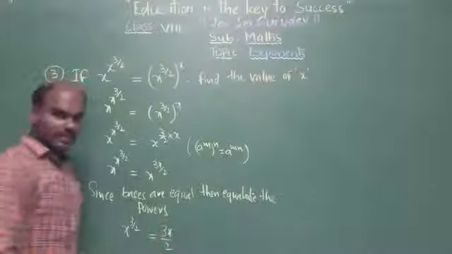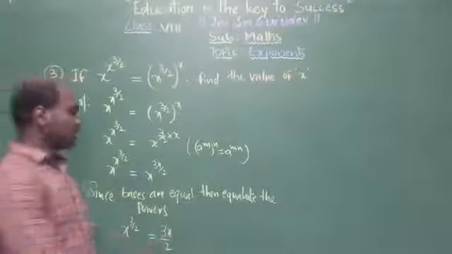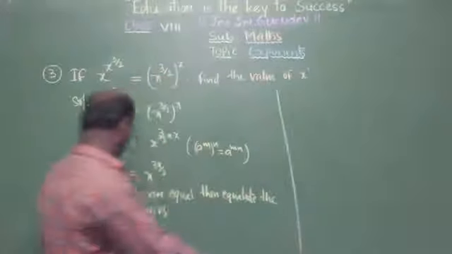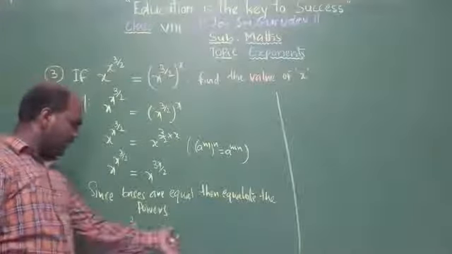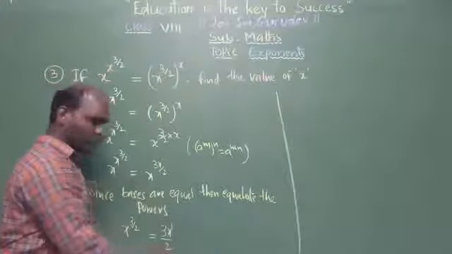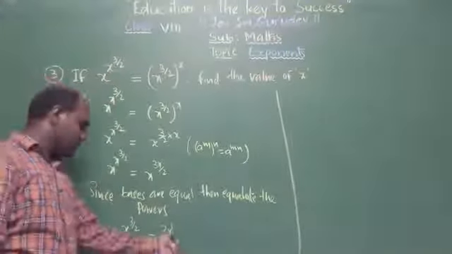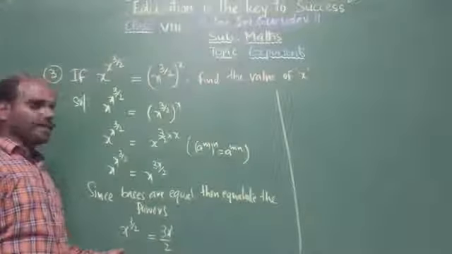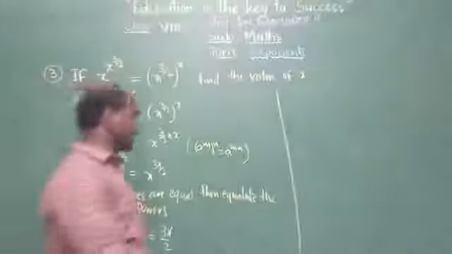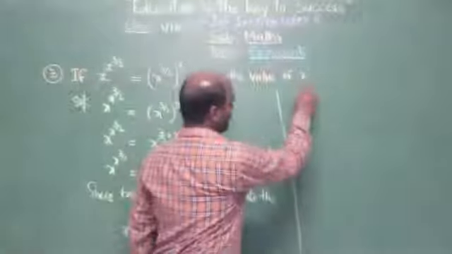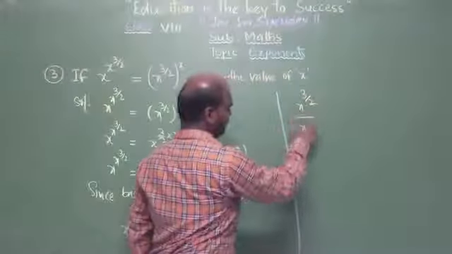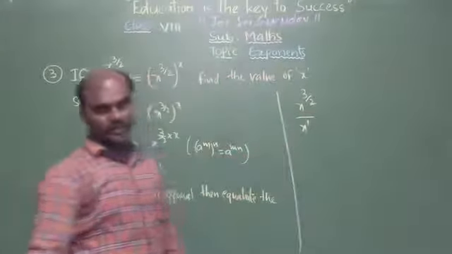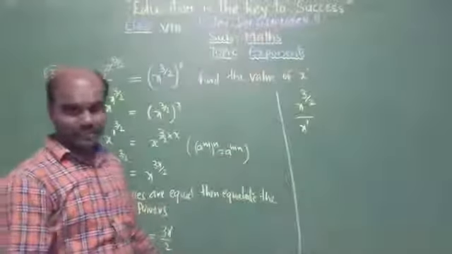Yes or no, children? Here is x power 3 by 2 and here is x power 1. So x power 1 is to be sent to the left hand side. That is x power 3 by 2 by x power 1, and the one with nothing there we consider as 1 only.